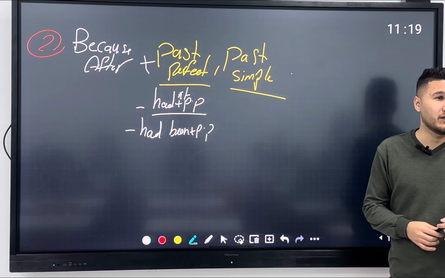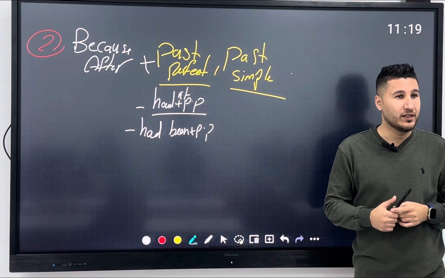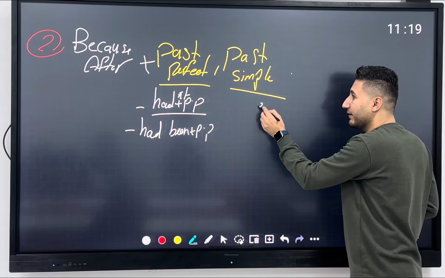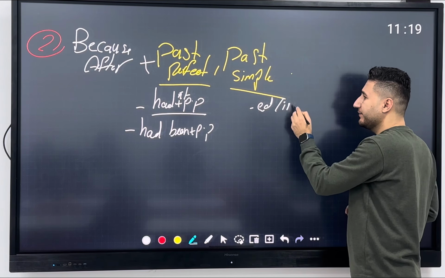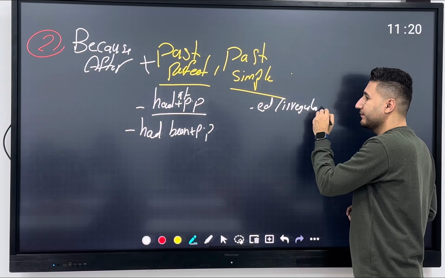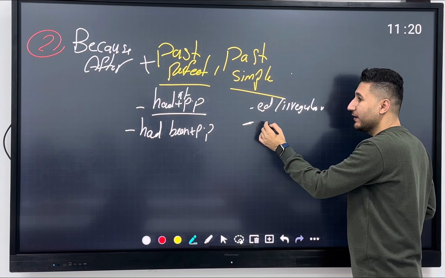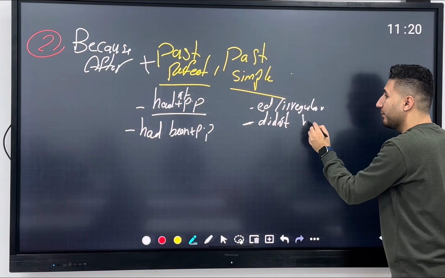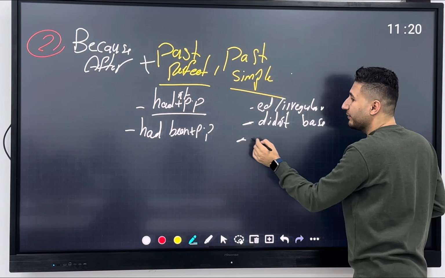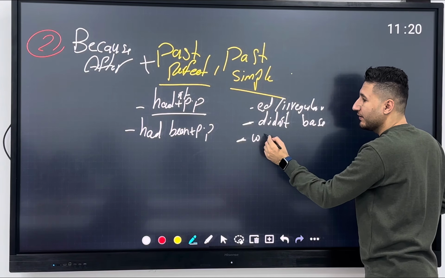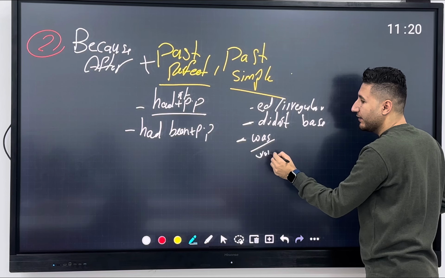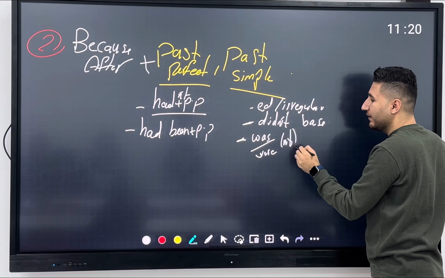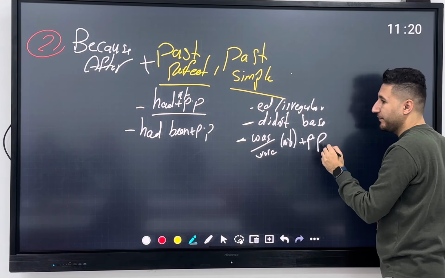And past simple, I just said, what is past simple? There's ed with the verb or irregular. And number 2, negative is didn't, followed by base. Number 3, what's the passive of past simple? Was, were, and the negative is not, and then past participle.